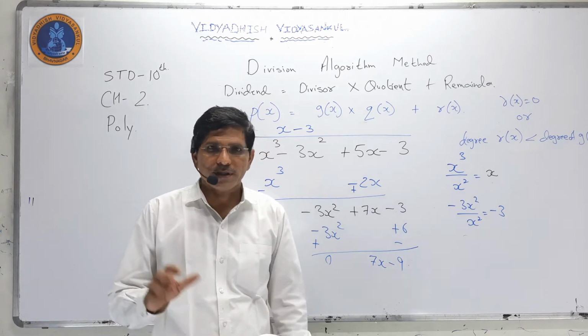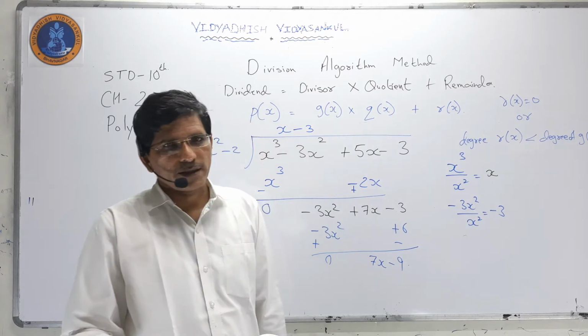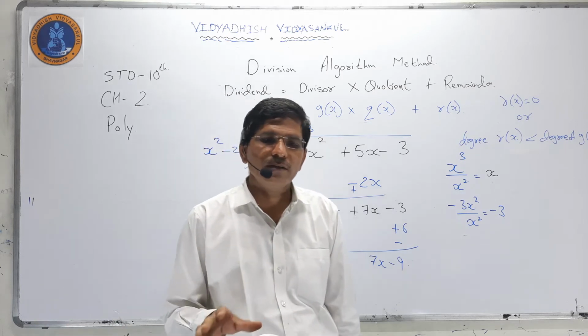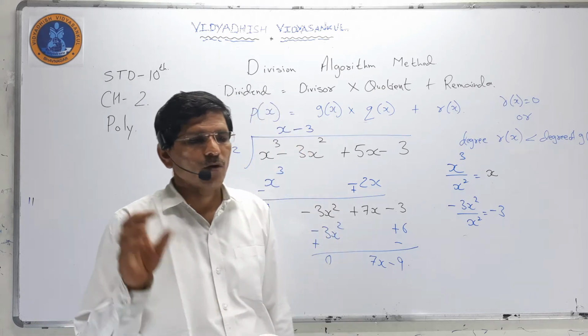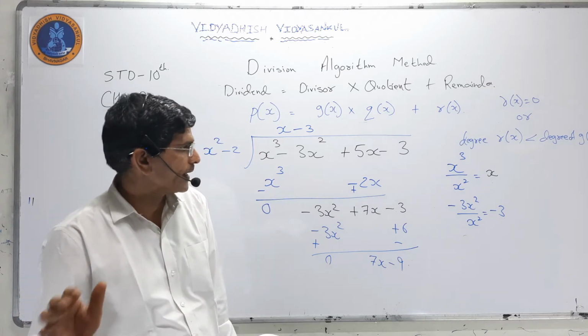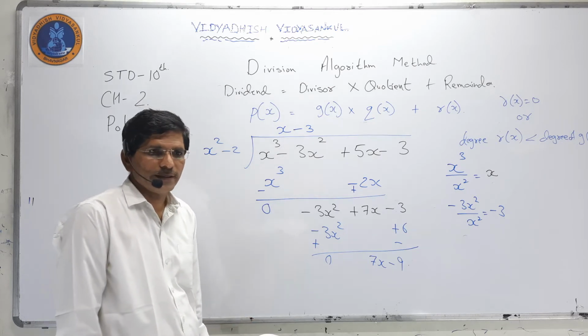So exercise 2.3 is the most important exercise and mostly 5 sums are there. Out of 5, one question is find the quotient and the remainder of each. So 3 sums are there. I have completed 1. Now I think you have to write it.